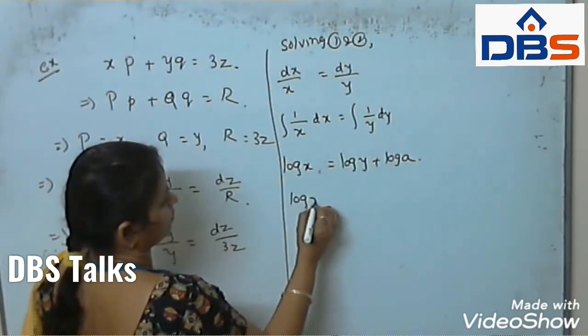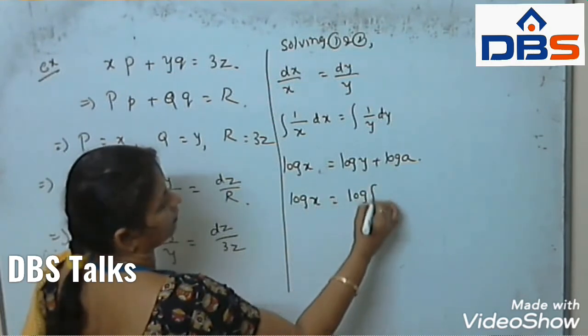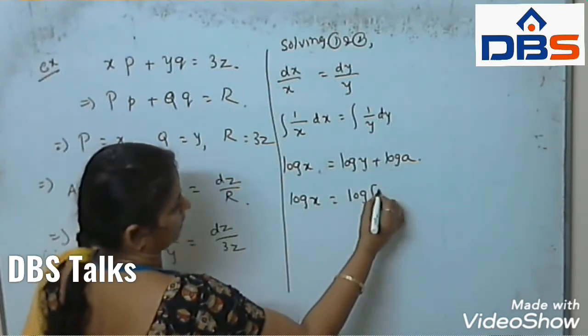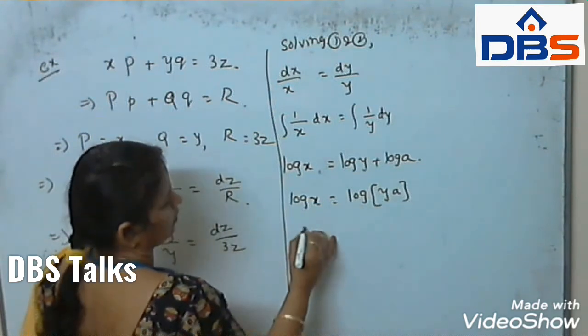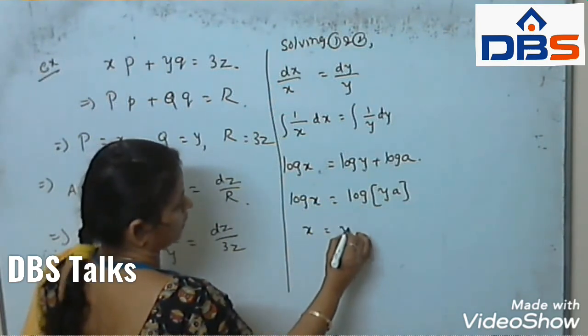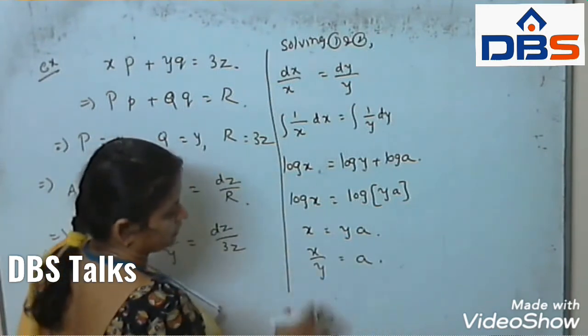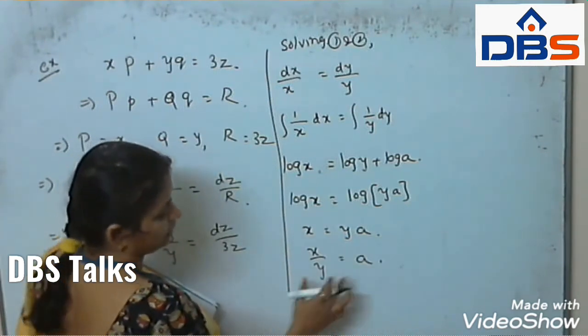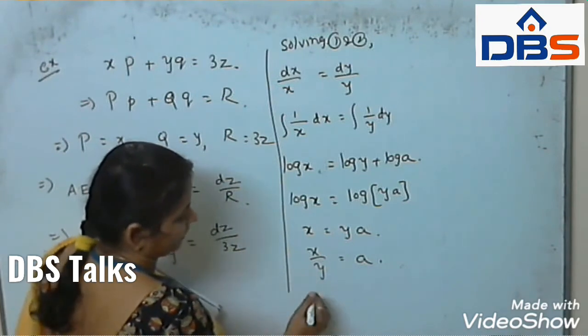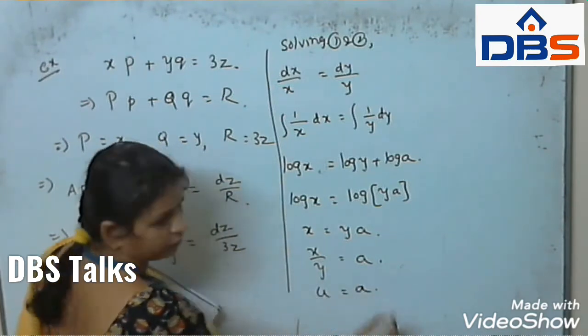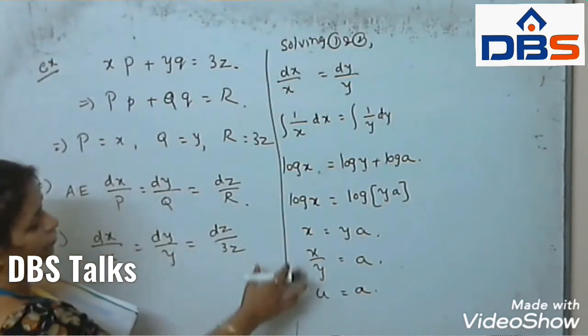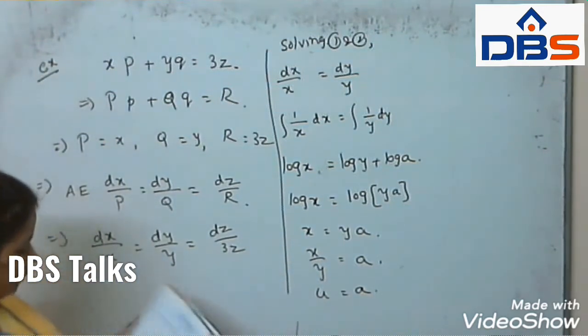So log x equal to log y plus log a. So x equal to y a. So x by y equal to a. So this is a function in x, y terms. So let us name it as u. So u equal to a. So now we found a function u.